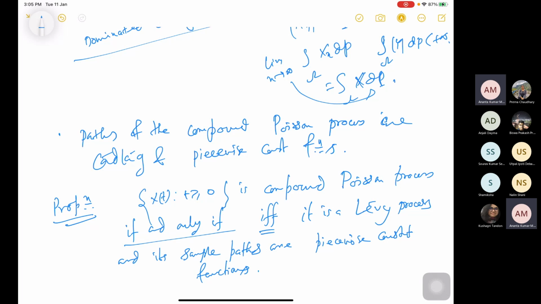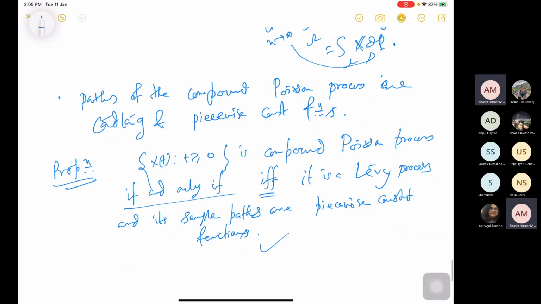Sometimes I write double-if, which means if and only if. That means the compound Poisson process is the only Levy process whose sample paths are piecewise constant. I'm not going into the proof of this proposition, but it is in my notes, so you can go through it. If you have some problem, then maybe I can discuss it, otherwise you can leave that part. But it is better to know that the compound Poisson process is the only Levy process whose sample paths are piecewise constant functions.